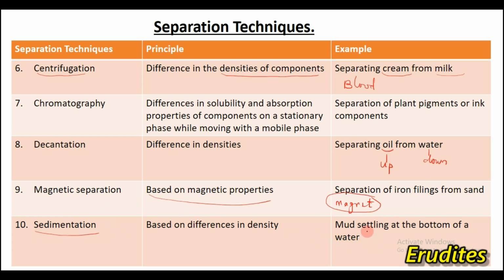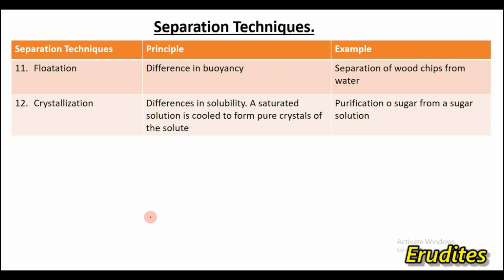So if you have a mixture of mud and water, just allow it to settle, the mud will go down while the water will be floating on the mud. So this is based on the difference in density. Mud is heavier than water, and so it will go down while the water will remain up. So this is an example of a sedimentation process.